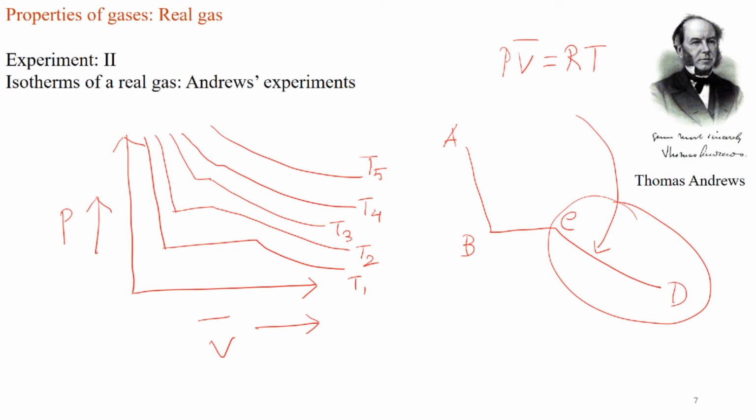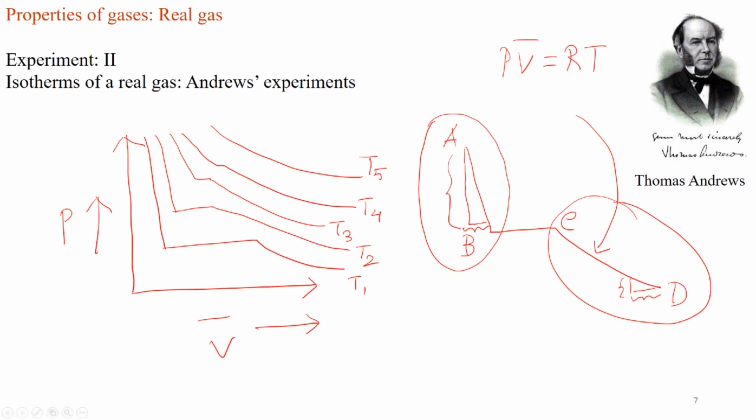Now note that if we want to change the volume by a certain amount, we have to apply a little pressure in this case. However, this is totally opposite for the case in the AB region, which represents the liquid state. Here, if we want to change the volume by the same amount, we have to exert huge pressure.